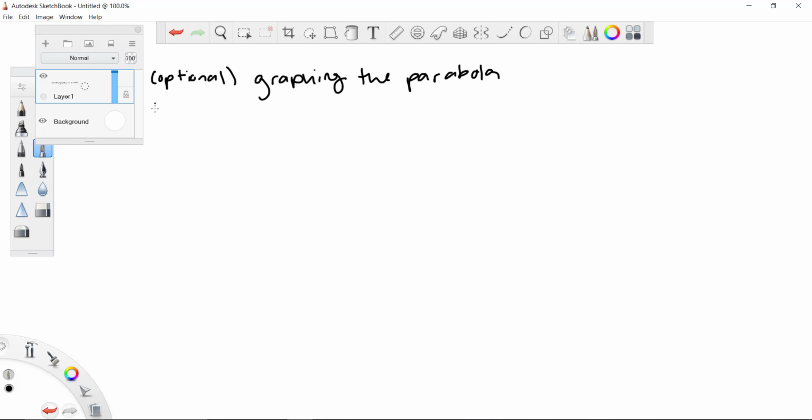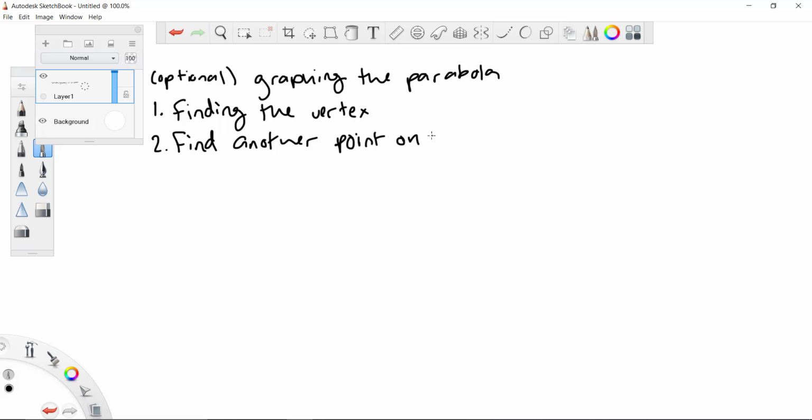Then the first required step that came up was finding the vertex. And then find another point on the parabola.